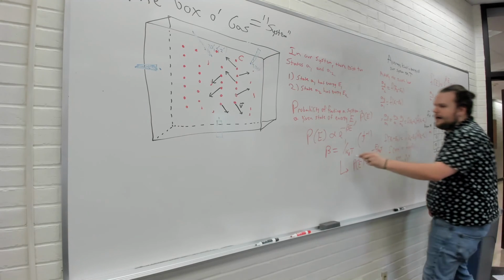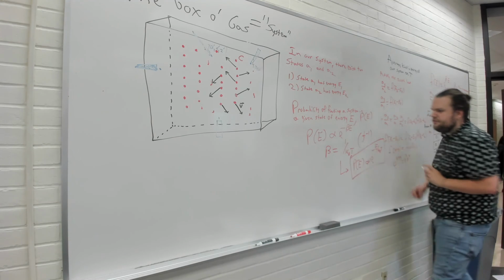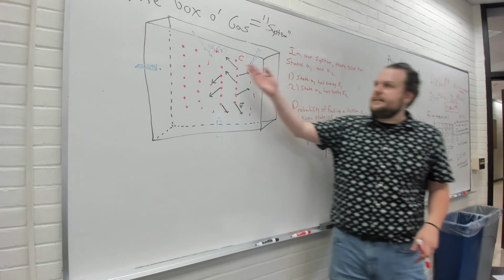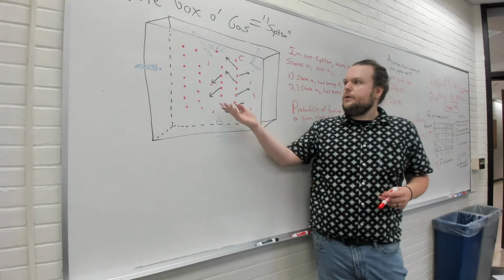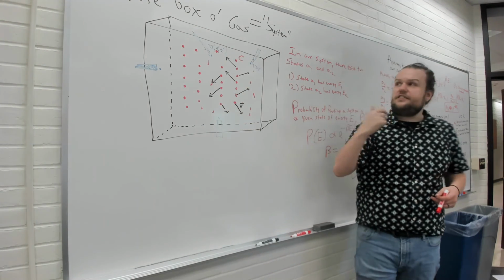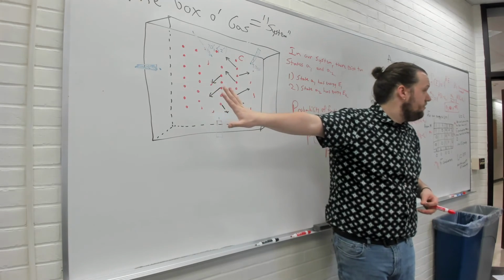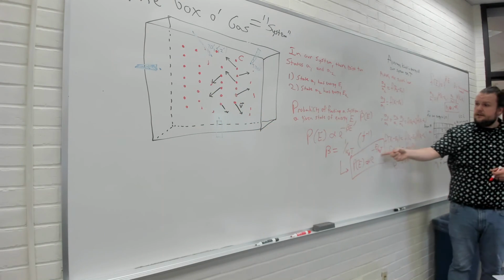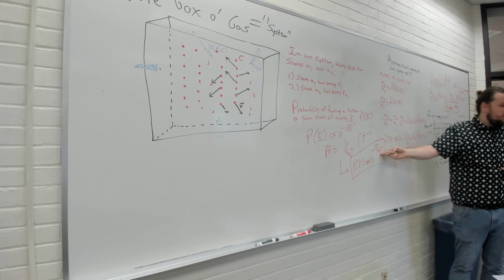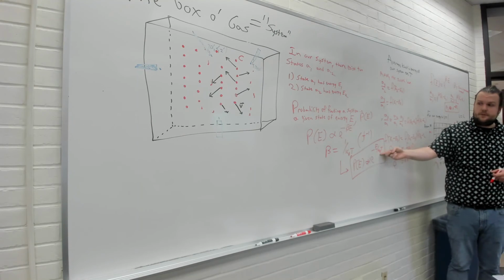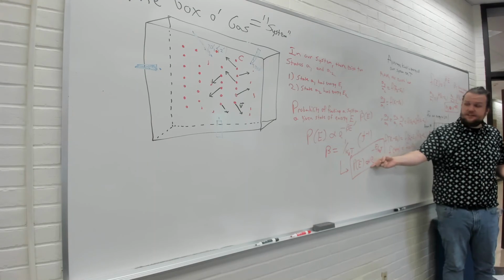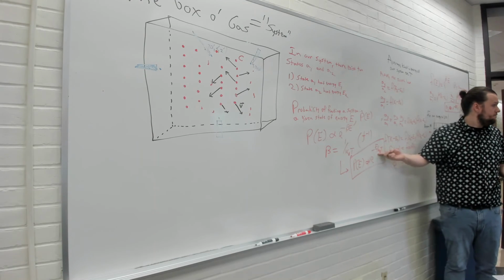I want to highlight this because this is very powerful. What this tells you is that if we want to look at our box of gas and ask the question, what's the chance of us finding it in a particular orientation or state? All we have to do is calculate the energy of that state and divide it by the thermal energy of the system, kT. And the probability that state exists in your system is e to the minus E over kT.